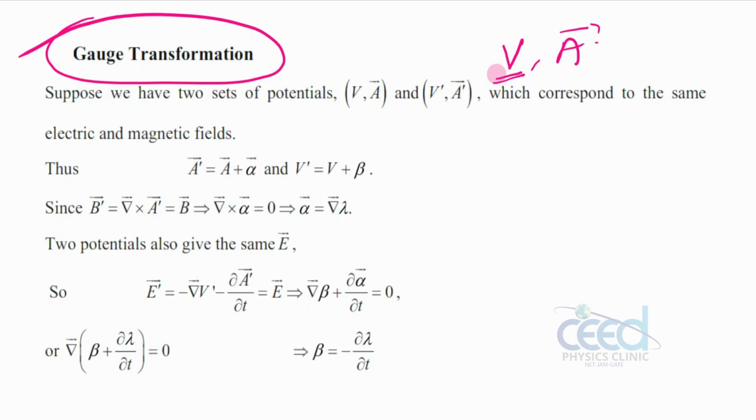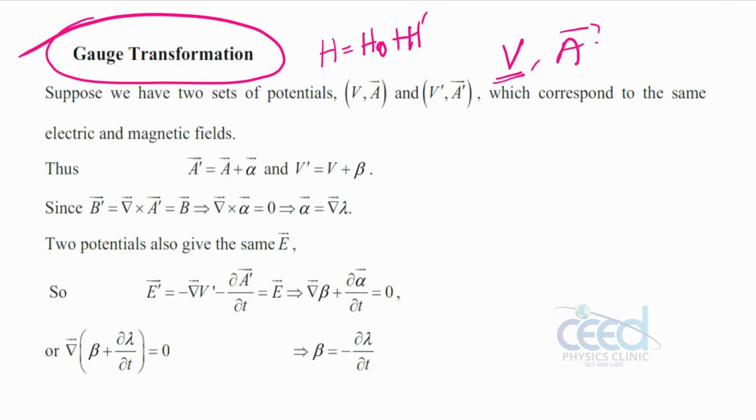Now gauge transformation means, in classical mechanics we studied that the Hamiltonian is the sum of the initial Hamiltonian plus a perturbed Hamiltonian.